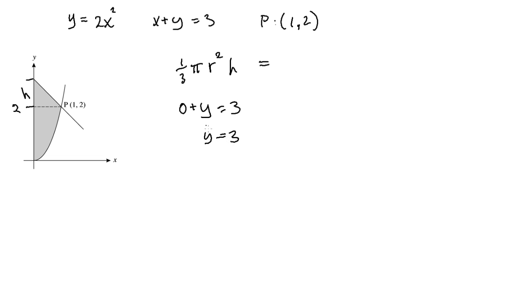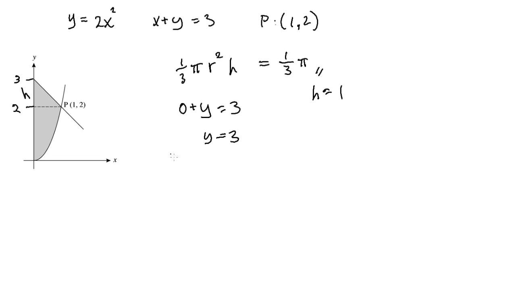So it is 3 to 2, which means h equals 1. The volume of revolution for that cone part is a third pi r squared h, where r is the horizontal length given by point P, 1. So 1 squared times 1, which is just a third pi. So that's part of the question done.